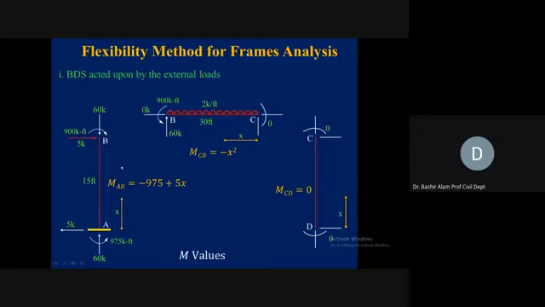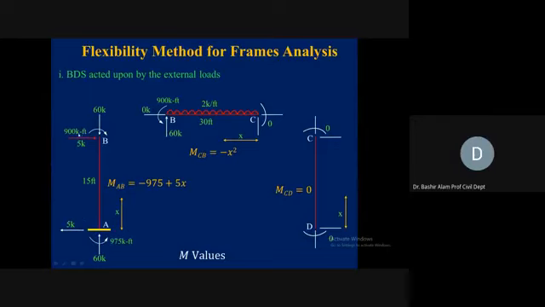Now taking AB, the vertical reaction at A will be putting in equilibrium this 60 kip. So 60 is downward, so this 60 is in the upward direction. 5 kip is rightward directed, so 5 kip leftward directed. So horizontally, this member is in equilibrium.